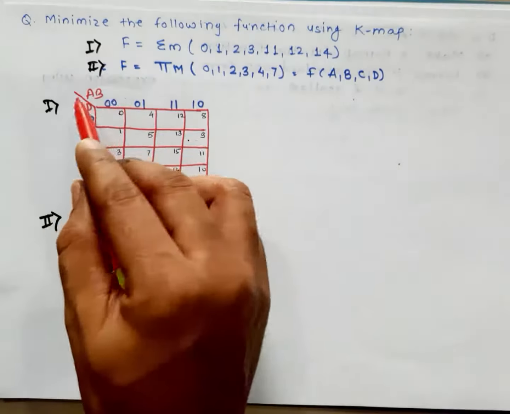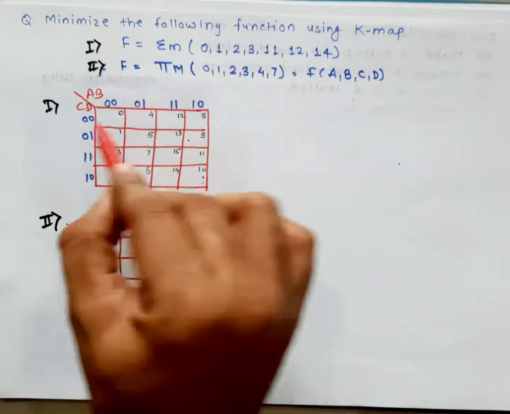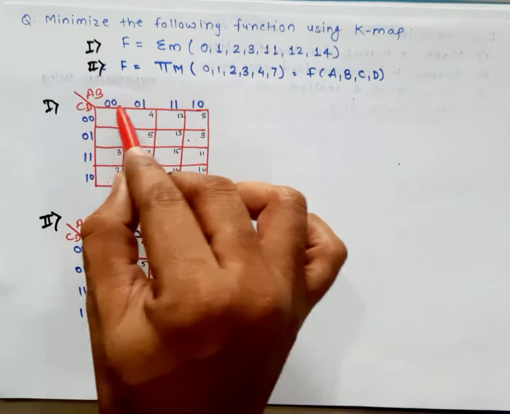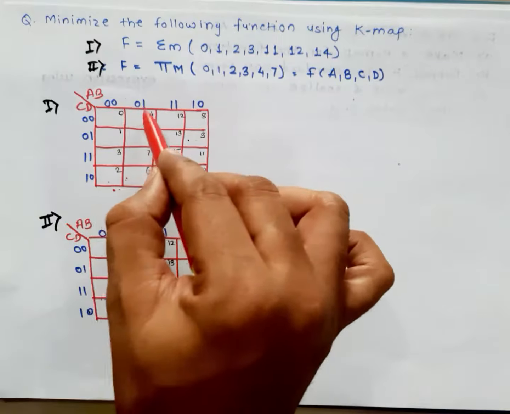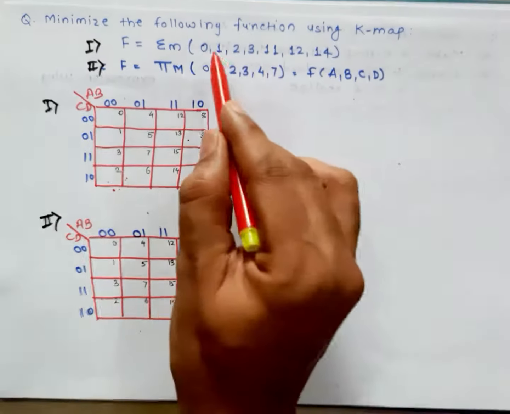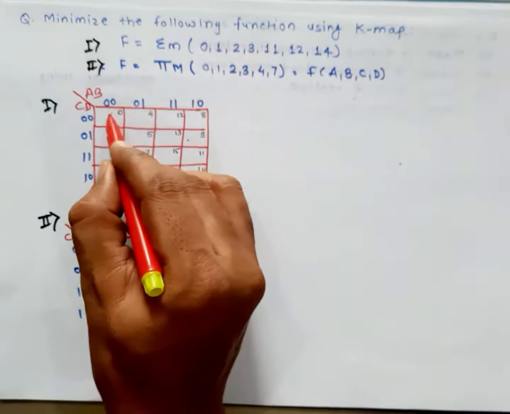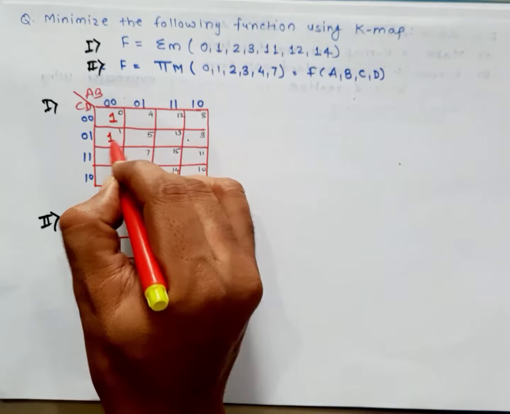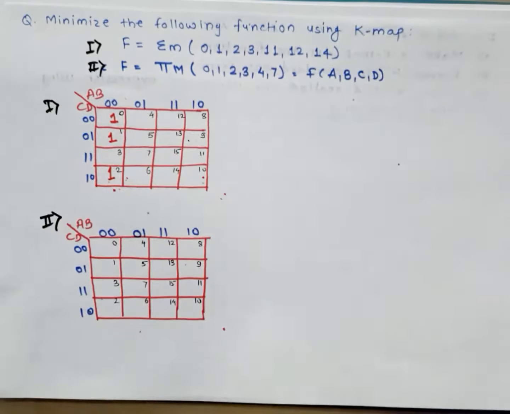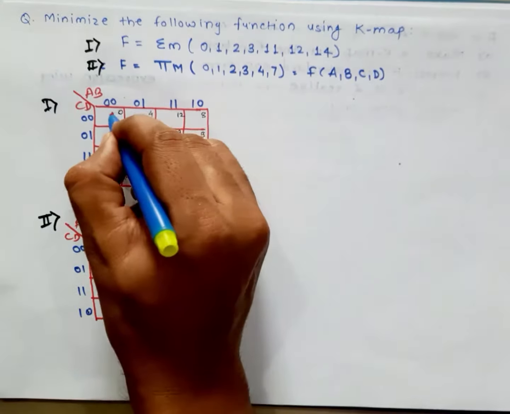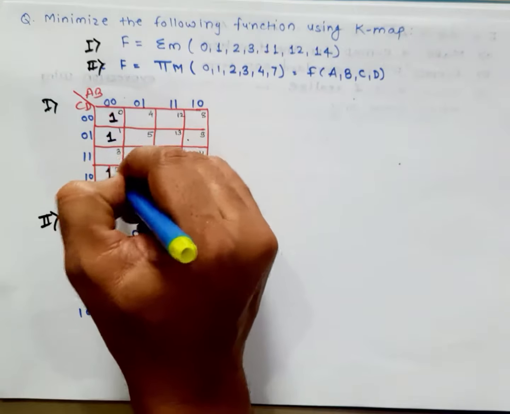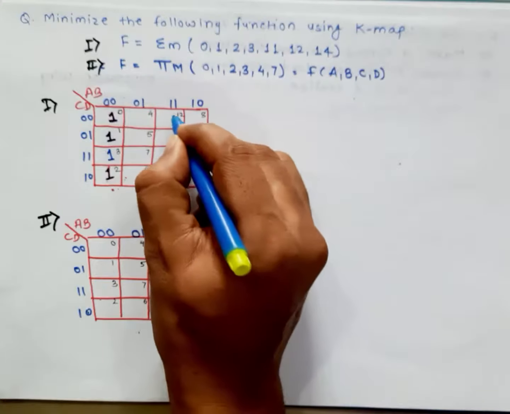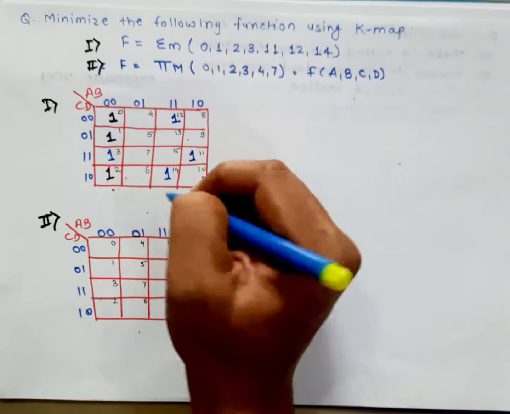Now the basic steps: identify the number of variables, design the K-map, assign the positions of AB, assign the variable values, write down the cell values. Then the next step is to put the min terms. The value for min terms is 1, so 0, 1, 2, 3, 11, 12 and 14.